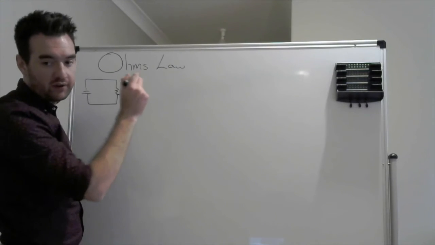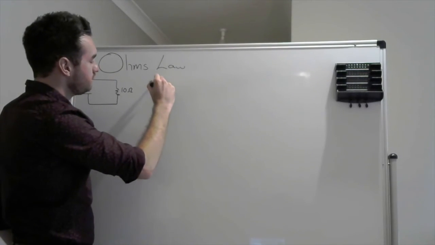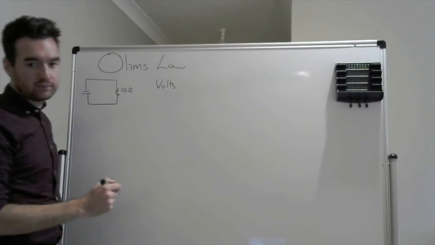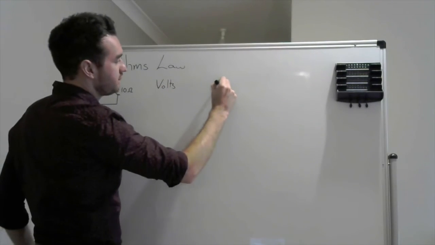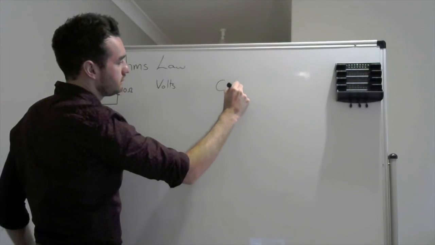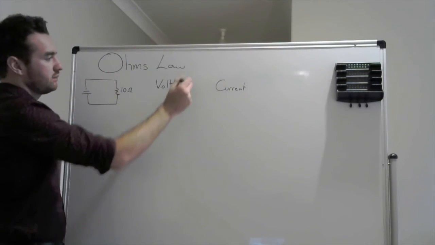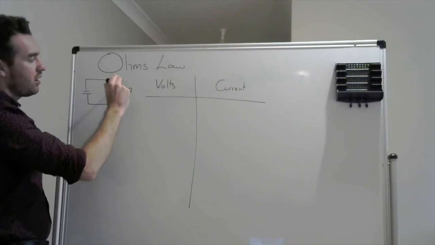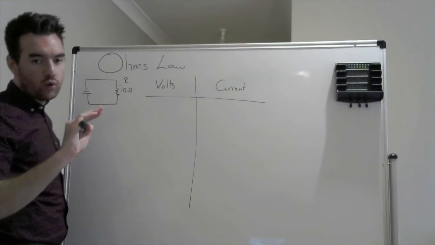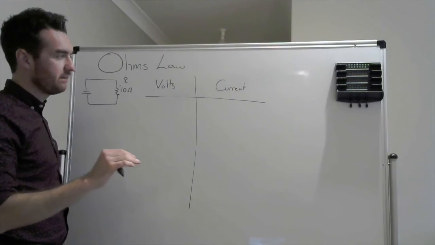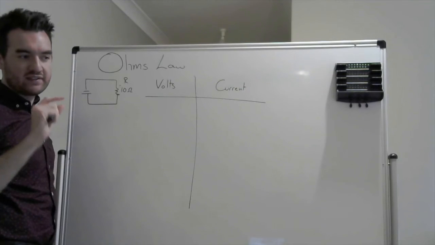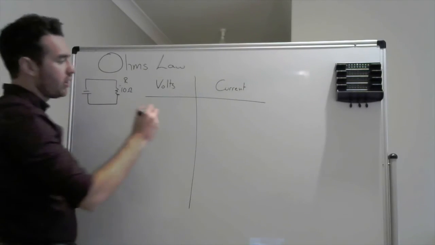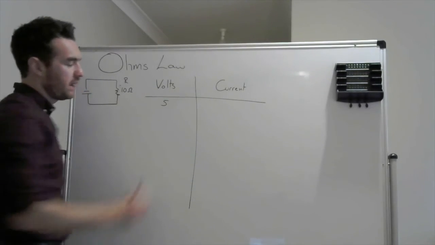But you're going to put here volts. Okay? And then you're going to put current. Okay? So our resistor R equals 10 the whole way through this. R is always going to equal 10. Our volts are the variable that we're going to change every time. So let's start off with 5 volts.